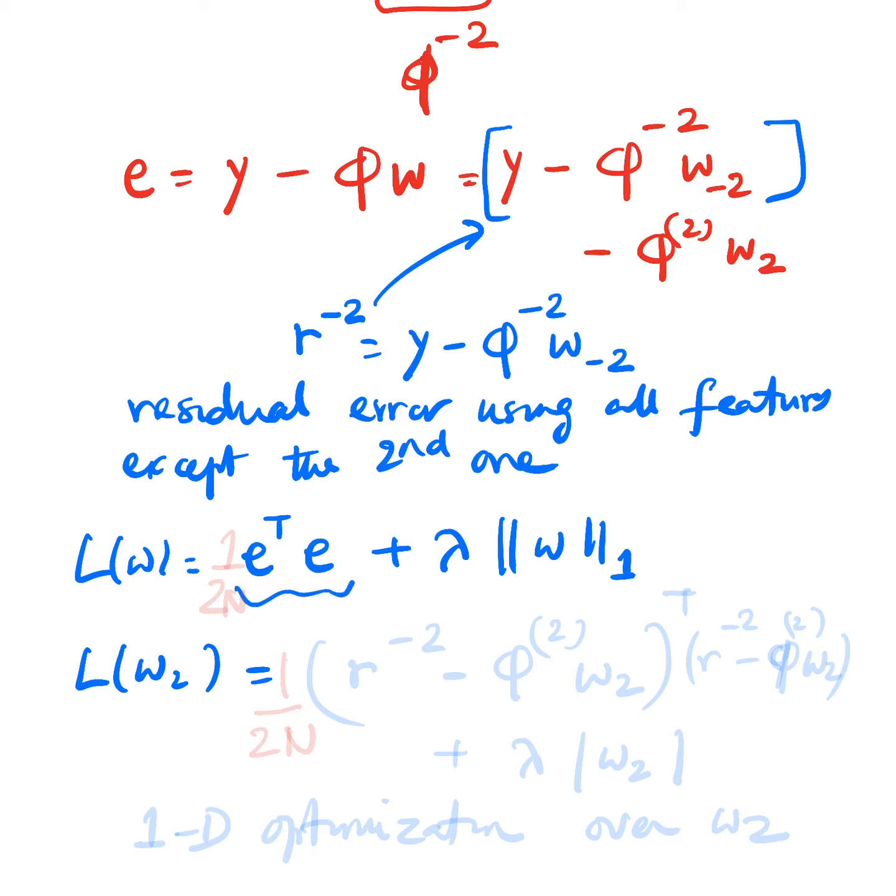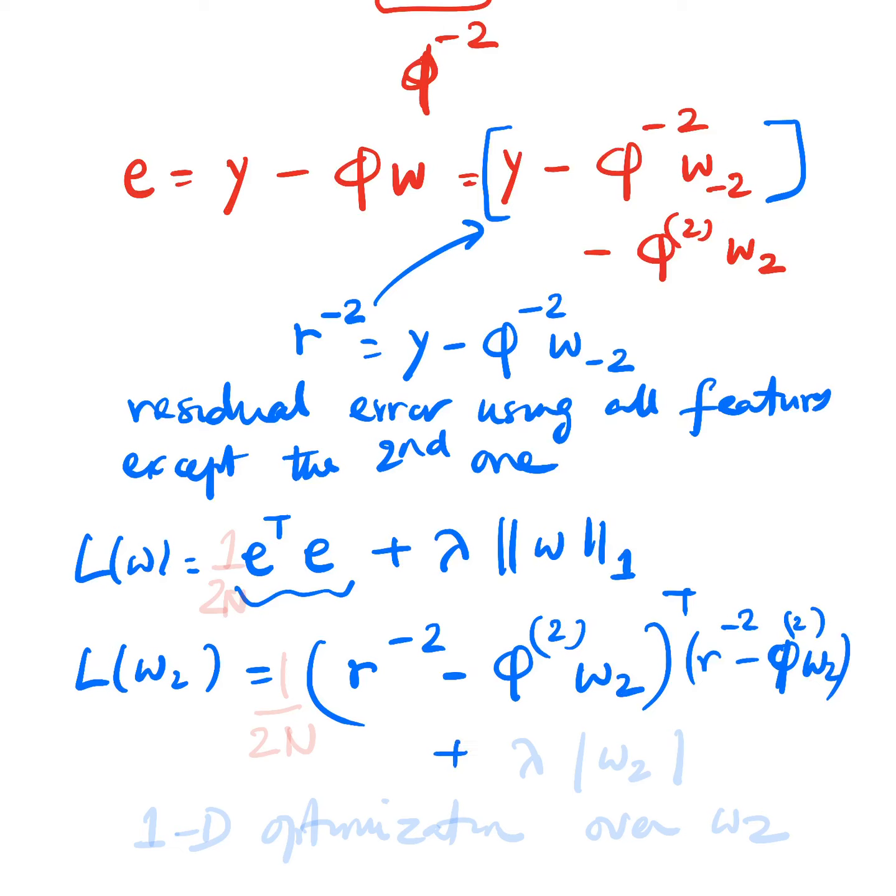Well, this one does depend on the second guy, but I can write it as, remember the error is R minus 2 minus the second feature across all examples times W2, that transpose itself, right? R minus 2 minus phi 2 W2.